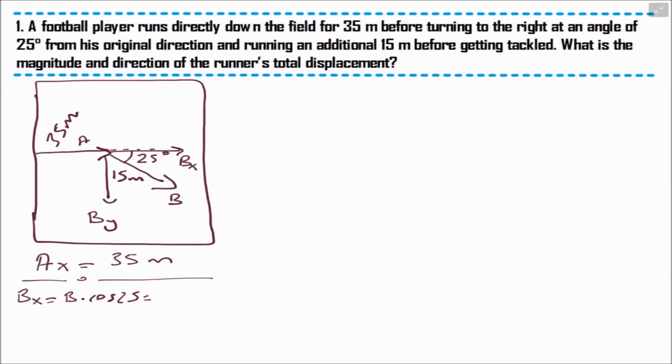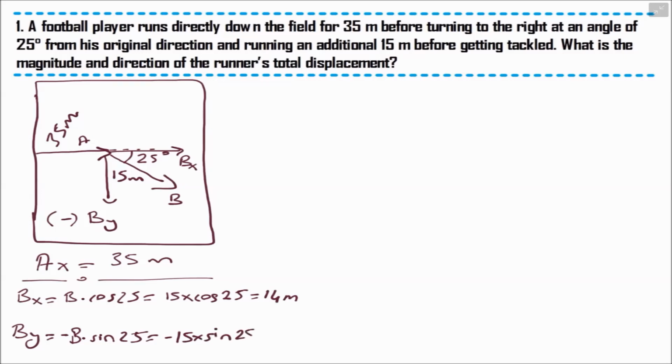So it will be 15 times cosine 25, which equals 14 meters. And By is lying in the negative y direction, so the result of By must be negative, so we put a negative sign. It will be B times sine 25, so the result is negative 15 times sine 25, which is negative 6.3 meters.